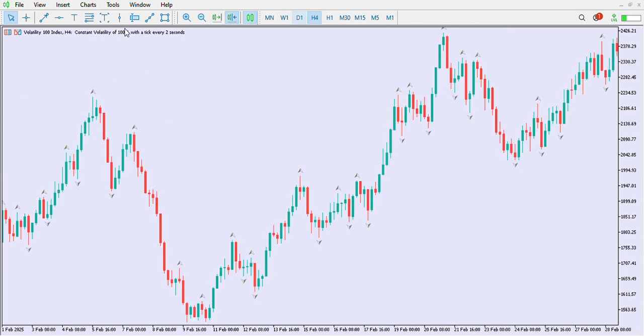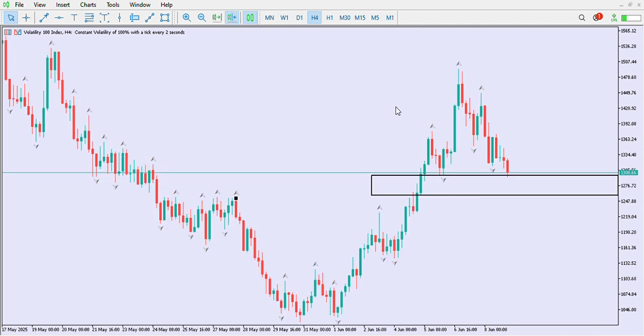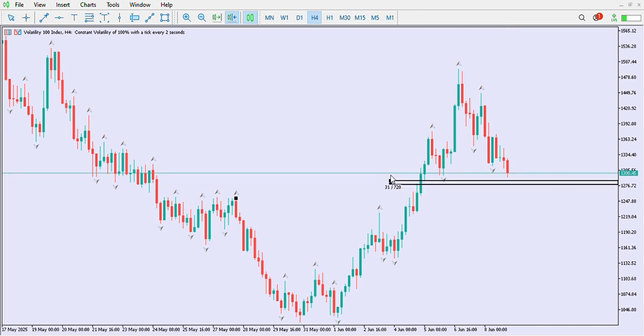Under H4, what are we looking for? We are looking for a fair value gap under that fair value gap. And our FVG, there's another fair value gap under this fair value gap, it's here. I'm seeing another one here. It's there together now. So we are anticipating the market should come to that point. Then we can look for buys.